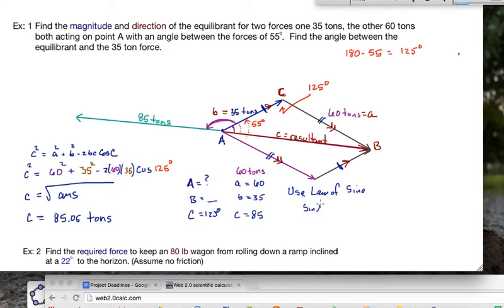Sine A over little a equals sine C over little c. So sine A equals a sine C over little c, and then I'm going to take the inverse sine of that.